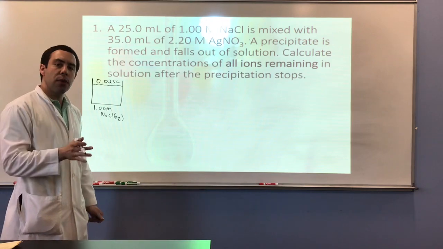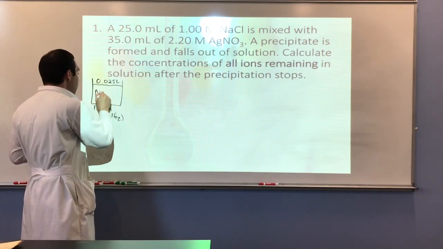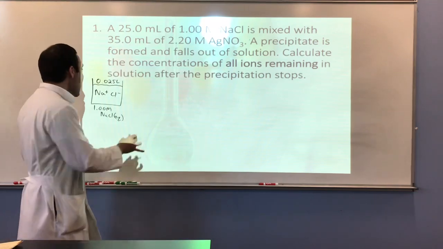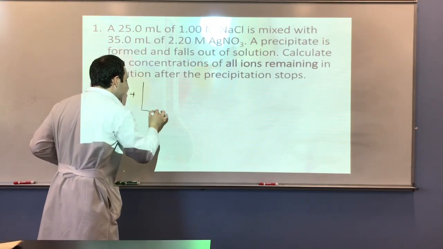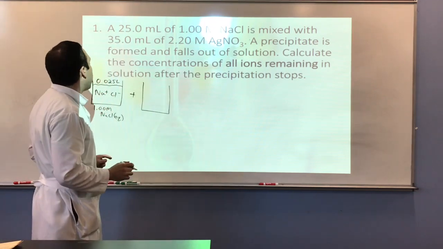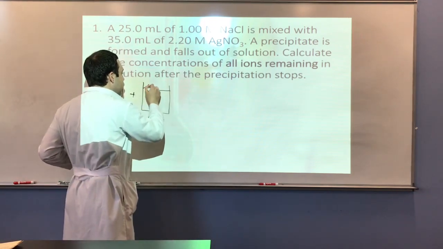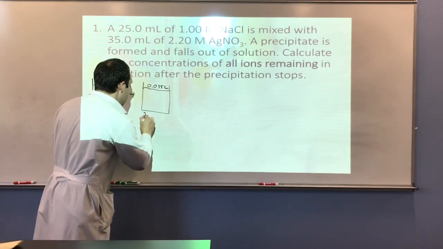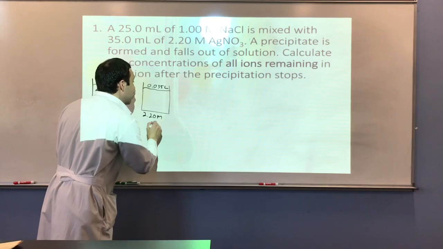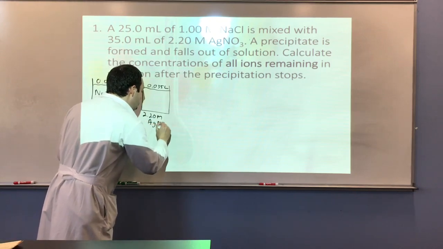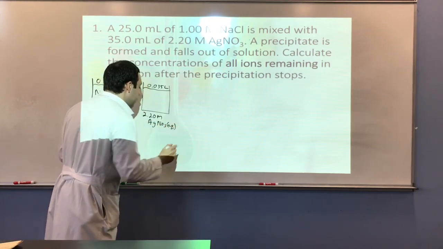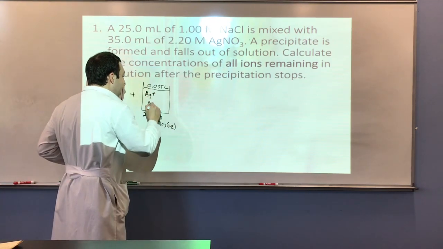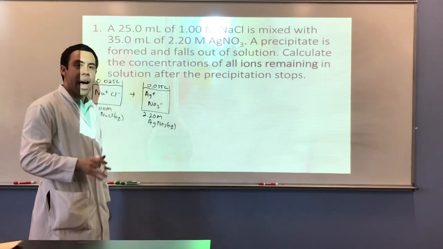That means when the sodium chloride dissolved in water, it dissociated to Na plus and Cl minus. In the second beaker, which was 35 milliliters, which is 0.035 liters, you had a 2.20 molar solution of AgNO3, aqueous. When that dissolves in water, that breaks up into Ag plus and NO3 minus.